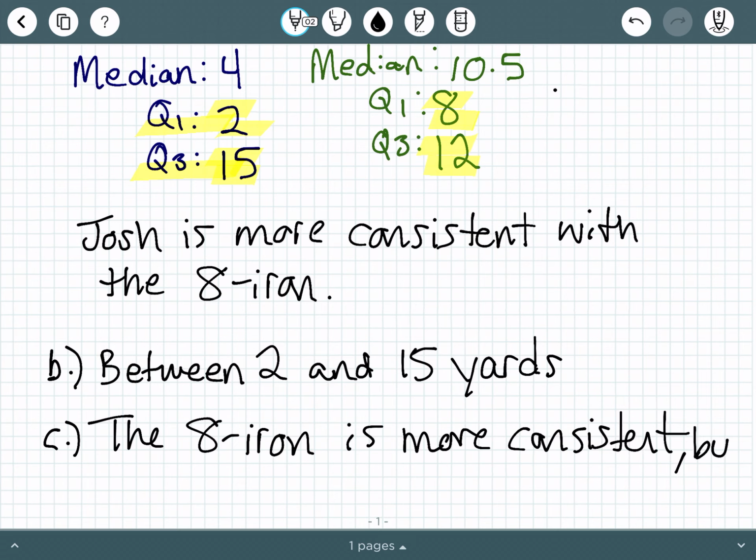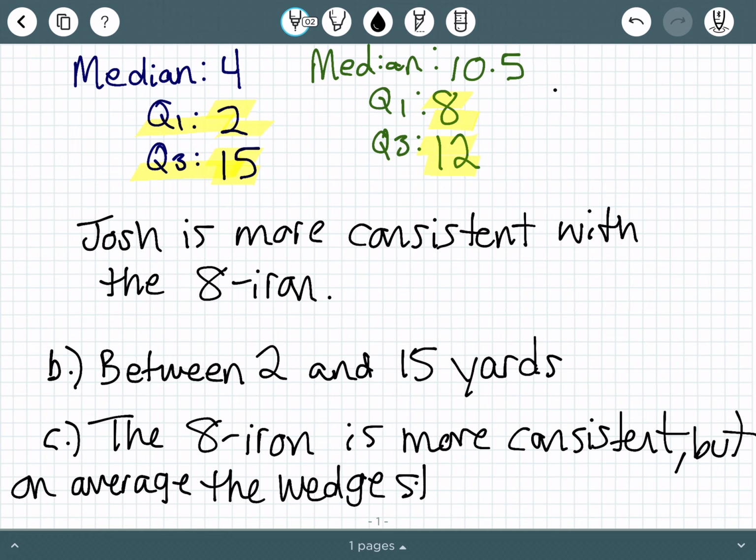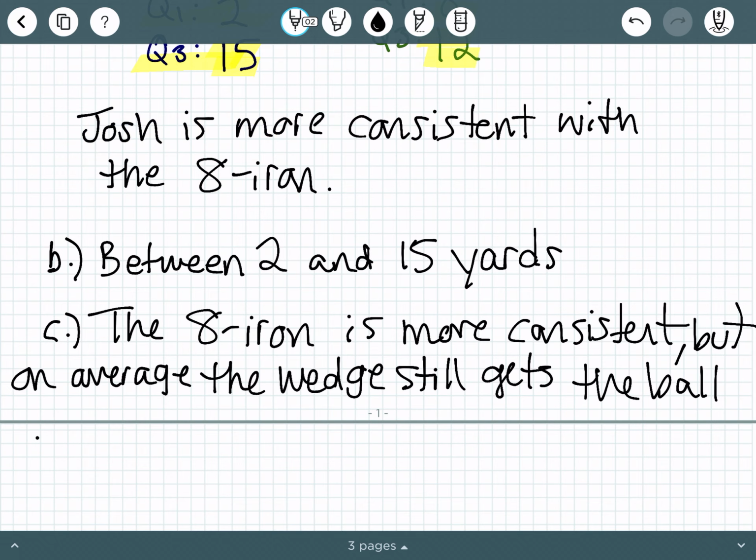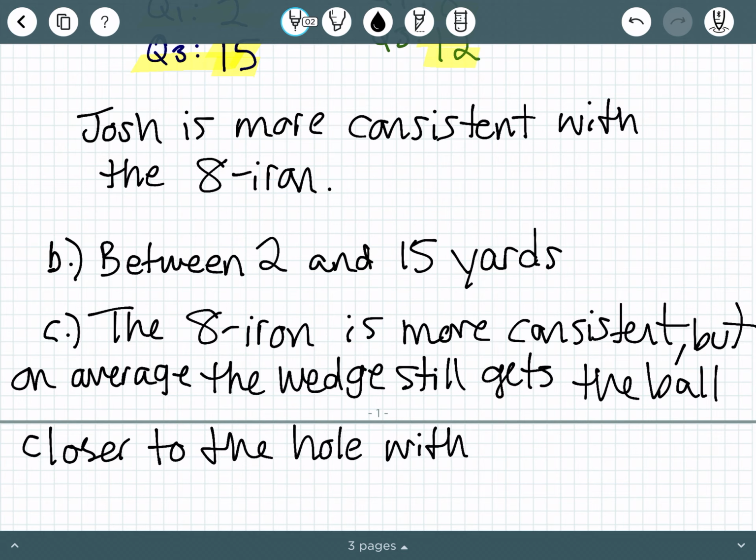But on average, the wedge still gets the ball closer to the hole with each hit.